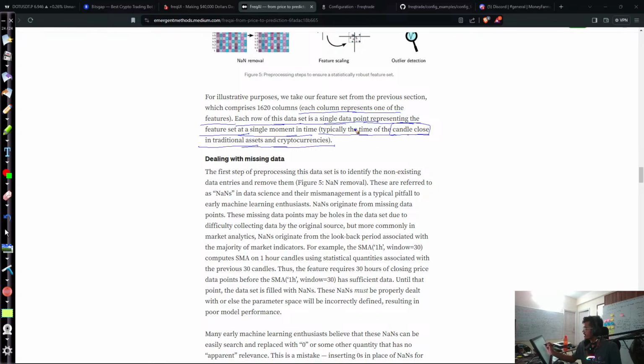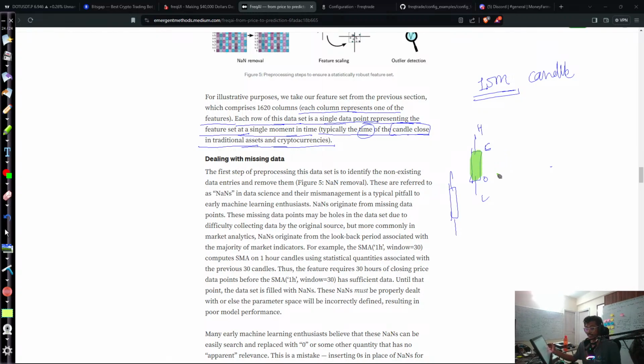Time of the candle close means, suppose you have a 15 minutes candle. Now you have open, high, low, and close. And if it's a green candle, then you basically have this configuration.